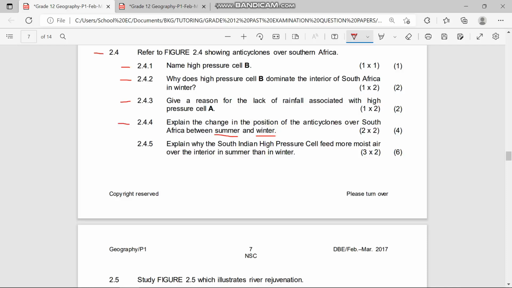In winter, they move upwards, meaning that 30 degrees south of the equator moves upwards to lie right through the interior of South Africa, causing these anticyclones to be present and dominant, meaning that also the equator has moved northwards, closer to the northern hemisphere, which is experiencing summer while we're experiencing winter. That's how it goes. I think you do understand.